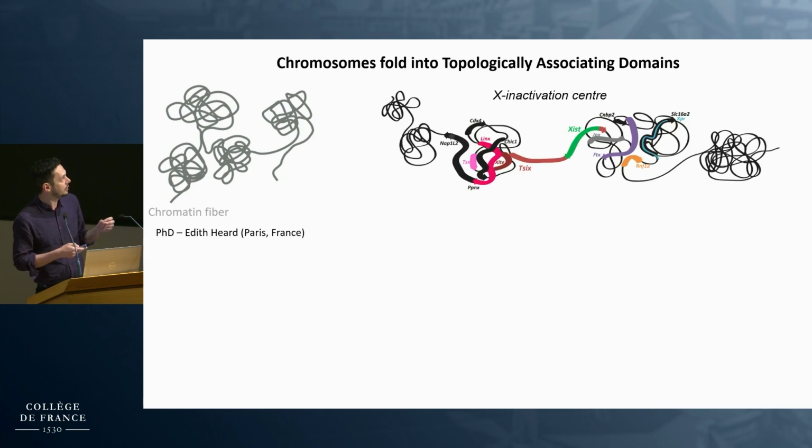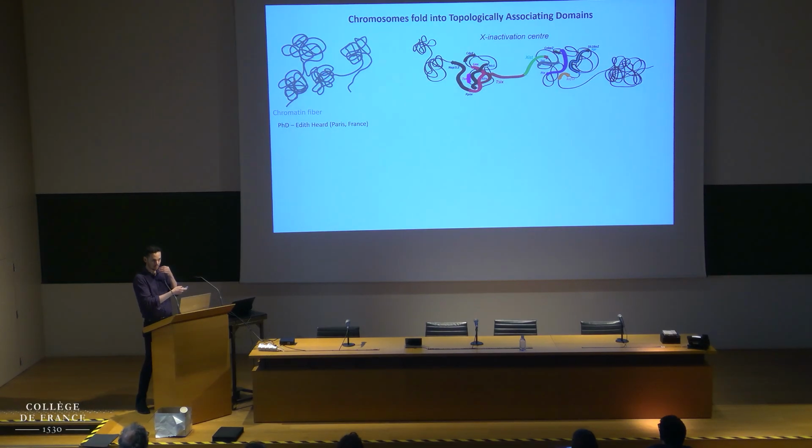We realized that this organization splits the X inactivation center into two TADs, one that contains Tsix, the negative repressor of Xist, and folds it together with a bunch of cis-regulatory elements that activate Tsix, and at the same time insulates it away from the Xist promoter and its own enhancers, that at the time we did not find, but that Edith later on discovered, and maybe we'll hear a little bit about that in a second.